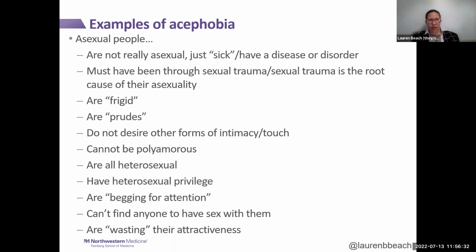And the corollary to that is, if you do engage in that, you're not really asexual, would be something that people might say. And again, anything that invalidates somebody's identity, experience, etc., is going to be an example of acephobia, just like with biphobia.